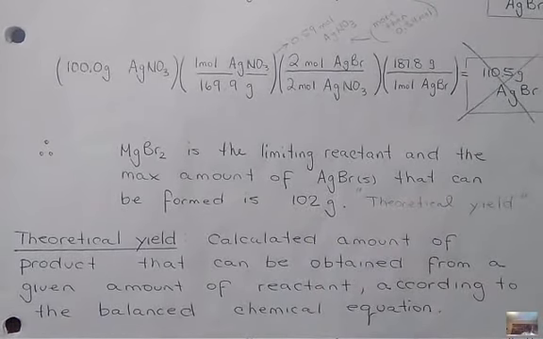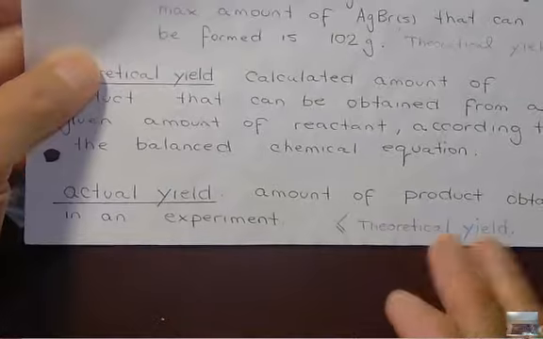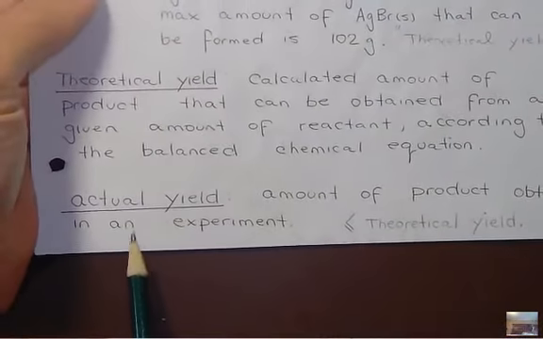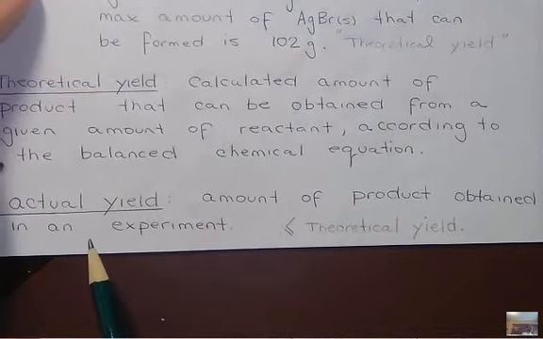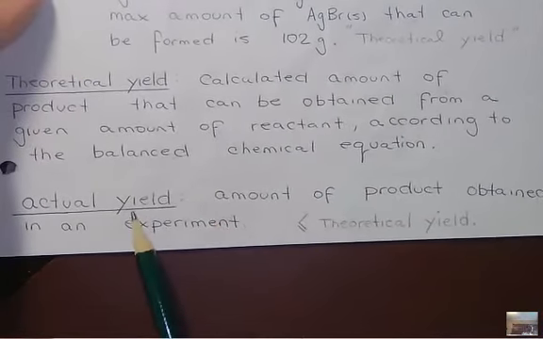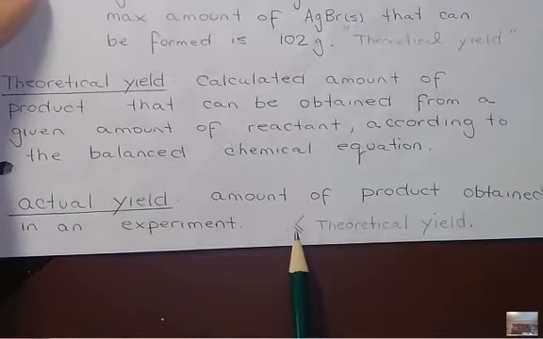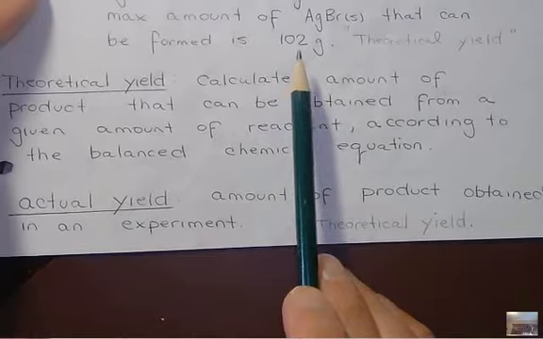If you actually go into the lab and do it, you're not going to be so lucky. Usually something isn't perfect. So the amount that you get when you actually do the experiment is called the actual yield. It's the amount of product obtained in an experiment. So you go in, you try it. The actual yield is going to be equal to or less than the theoretical yield. The best you could ever hope for is 102.